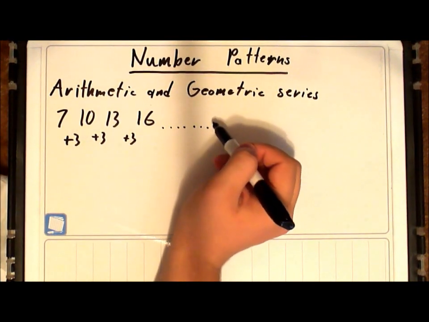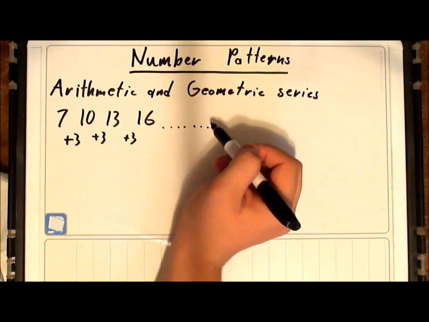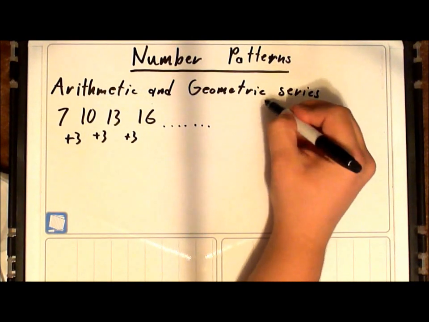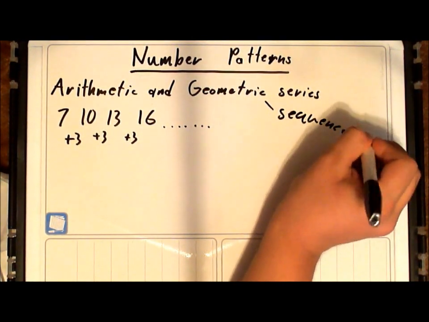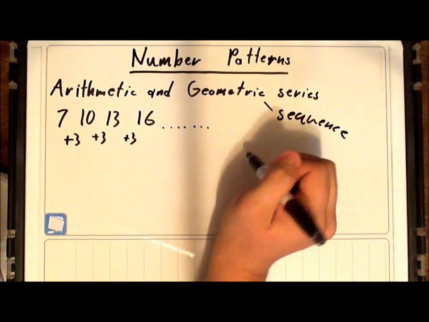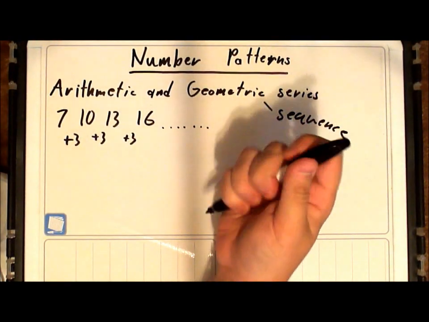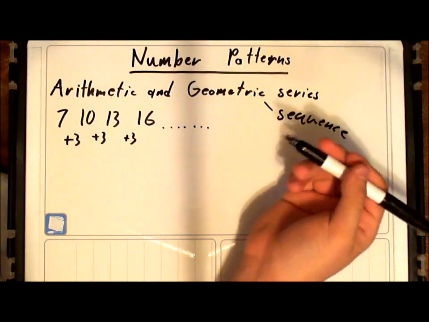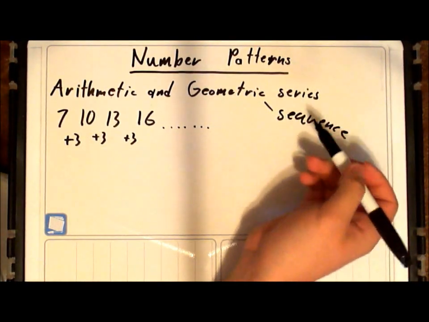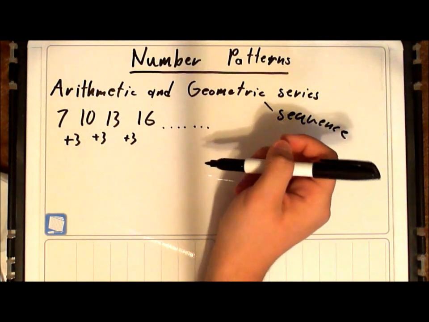A geometric sequence is when we multiply each term in the sequence by the same number, or divide, or multiply by 1 over something. Same kind of thing, multiply or divide.